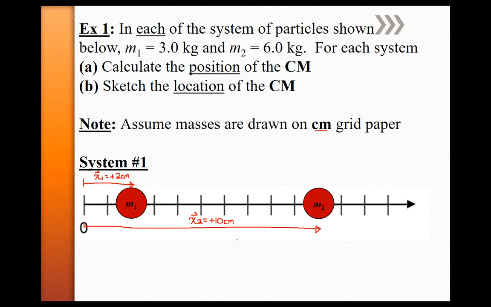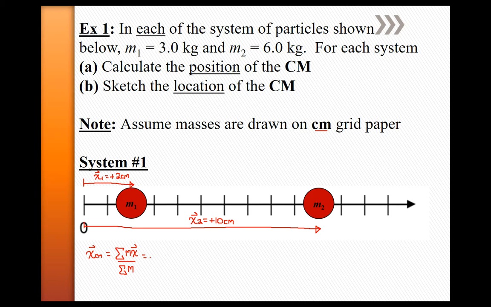Okay, so I want the center of mass location for the system. We've already identified if M2 is bigger than M1, which is what it's stating here, it's going to be a bit more shifted towards M2. So my center of mass equation looks like x center of mass is equal to the sum of all your masses multiplied by your positions divided by the sum of the mass for the system.